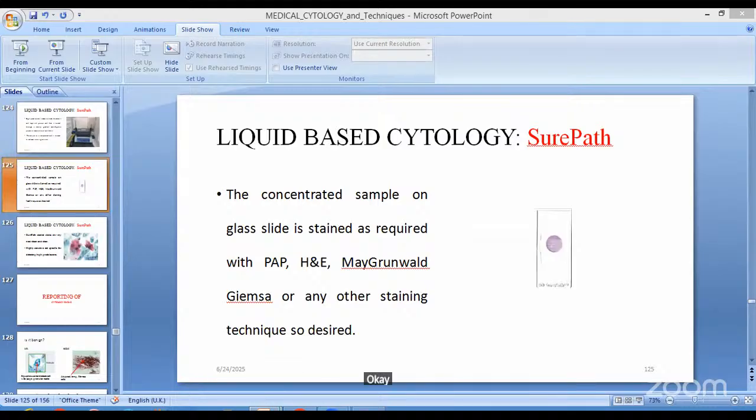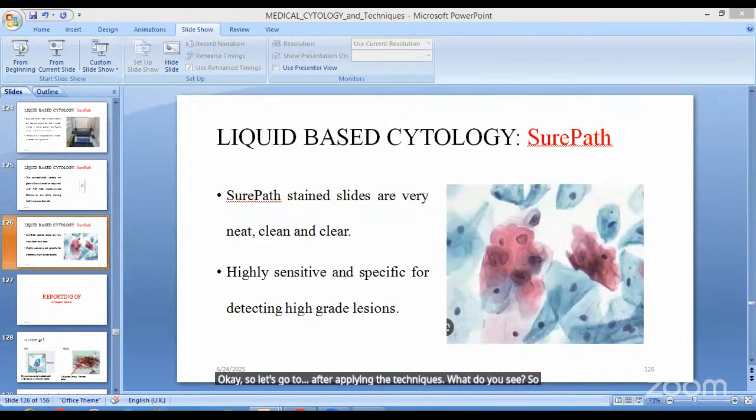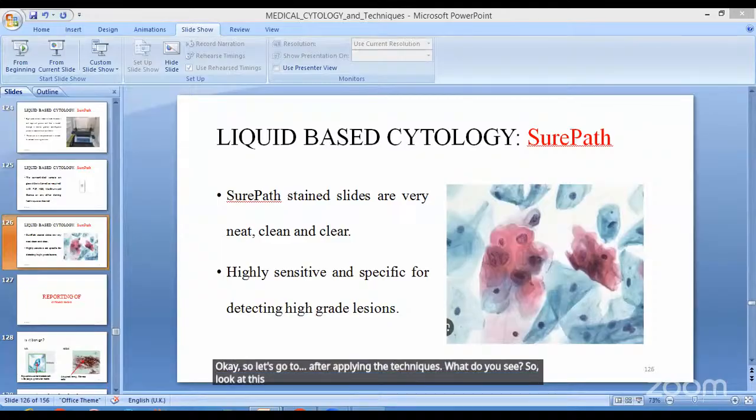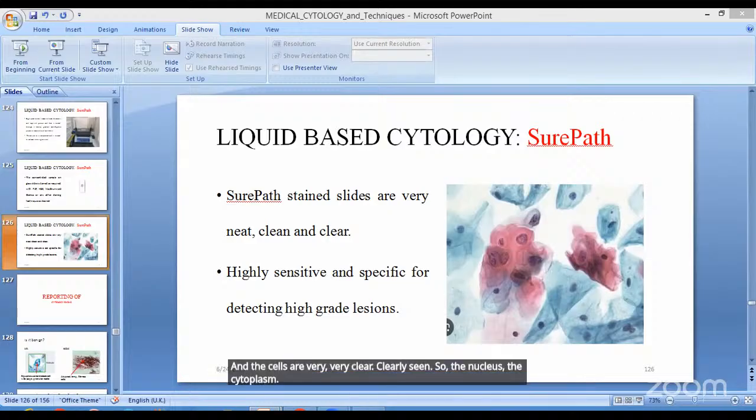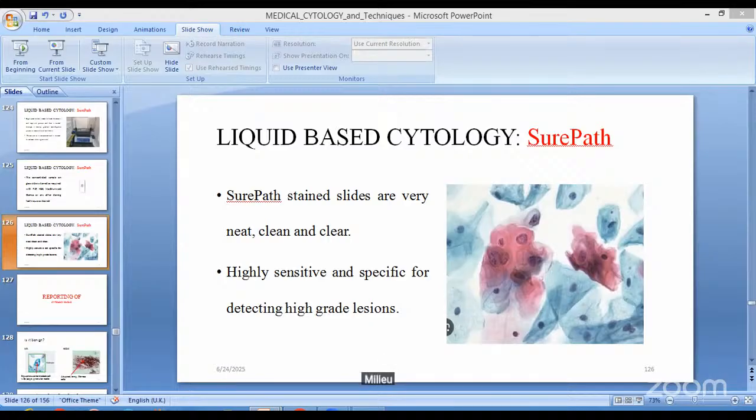Okay, so after applying the techniques, what do you see? Look at this slide. It's showing the result. You can see how very clean it is, and the cells are very clearly seen. The nucleus, the cytoplasm, the intracellular materials or milieu, everything is seen very clearly.